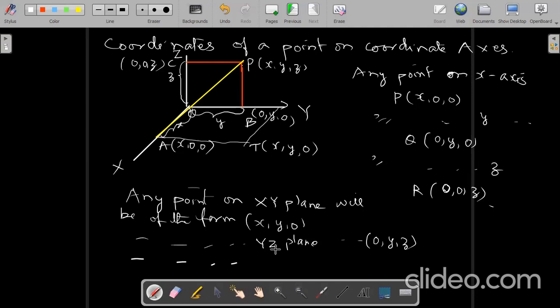Similarly, on the zx plane, the y coordinate will be 0, x, 0, z. Okay, understood? So any point on the x-axis, y-axis, and z-axis we can find out easily now. Okay.